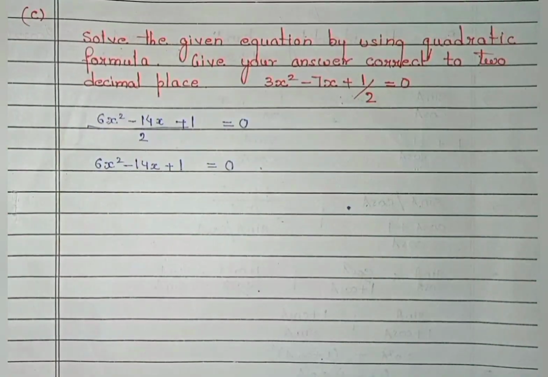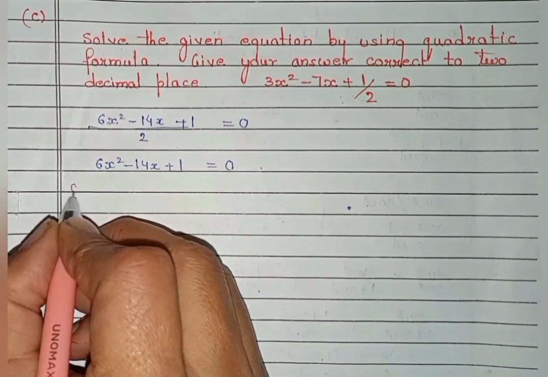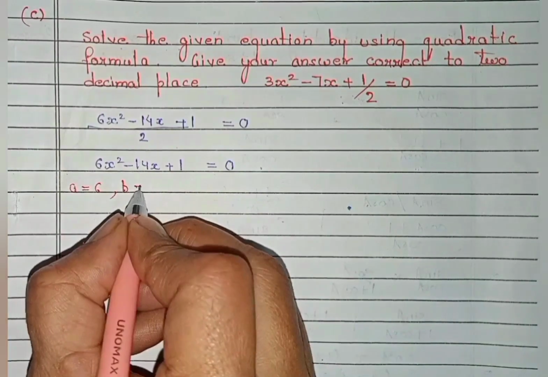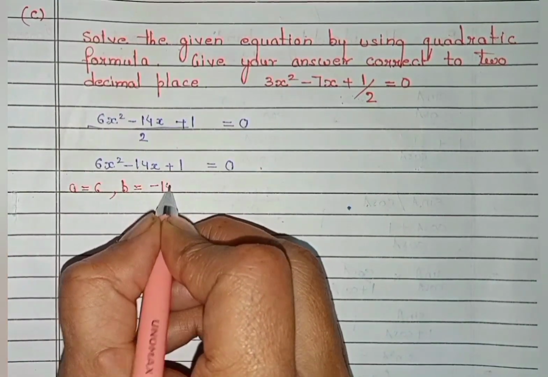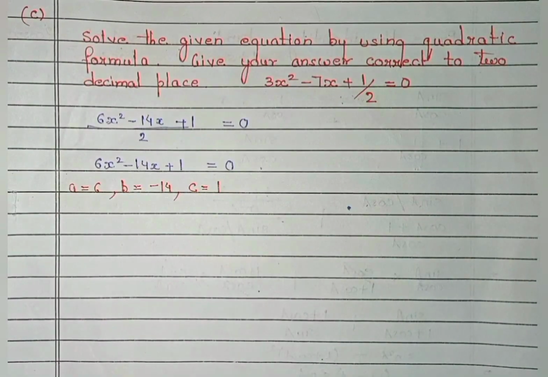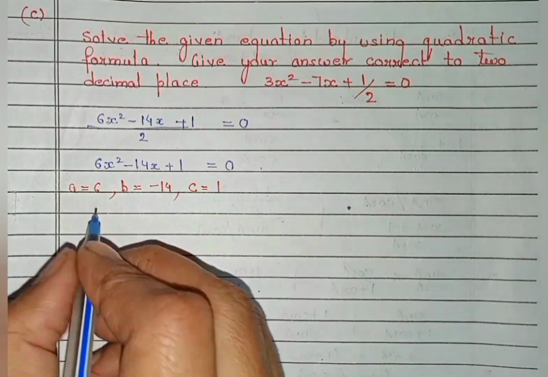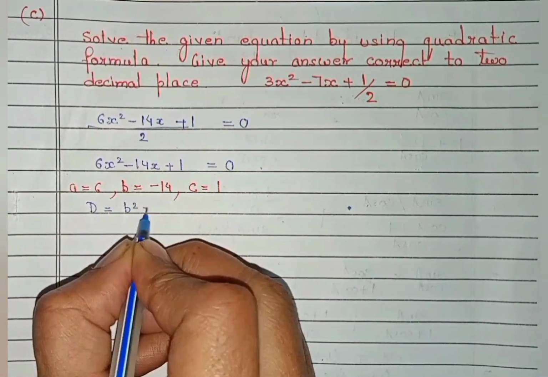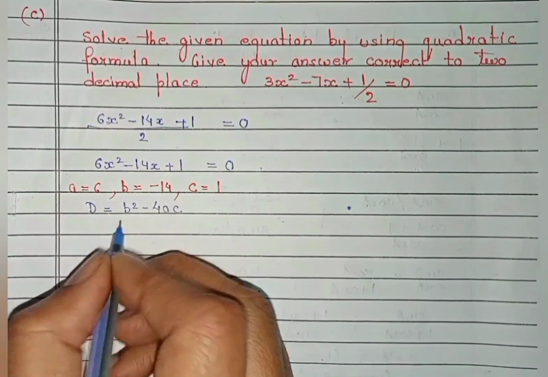Now in this quadratic equation, if we compare it with the standard form, then here a is 6, b is minus 14, and c is plus 1. Now our first step will be to take out the discriminant d, that is b square minus 4ac.